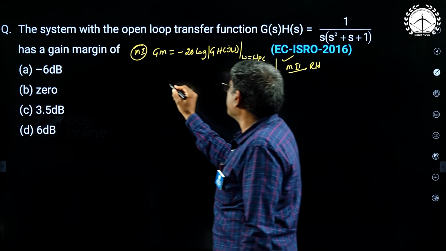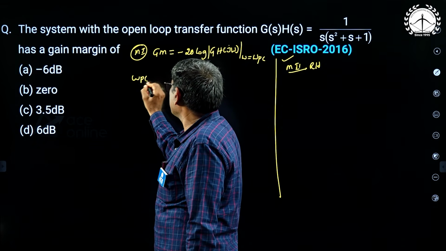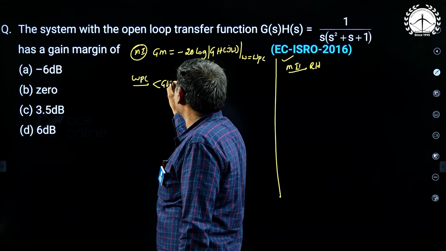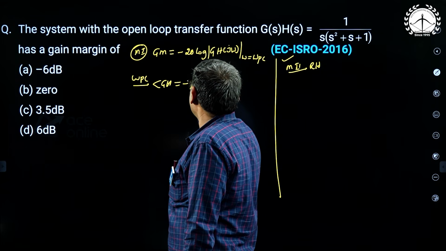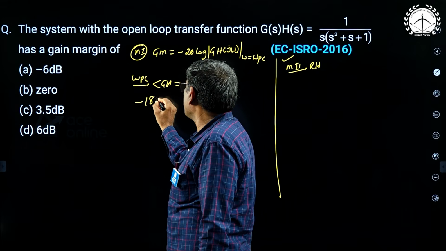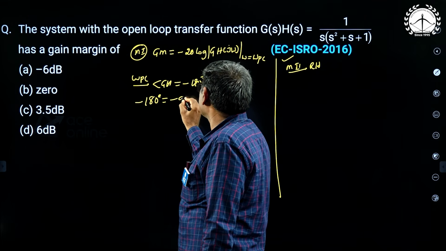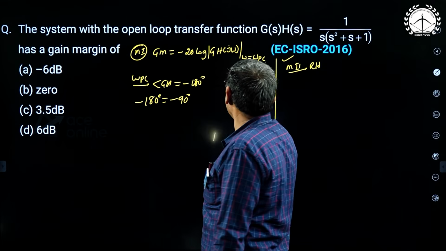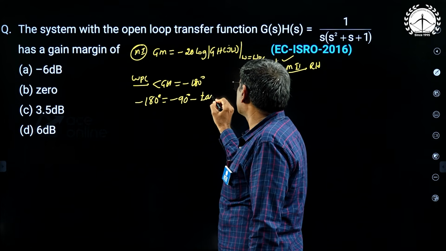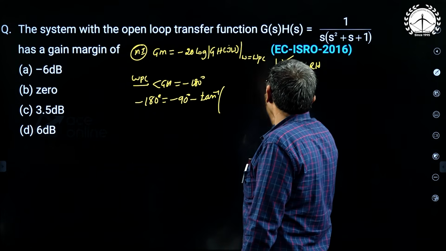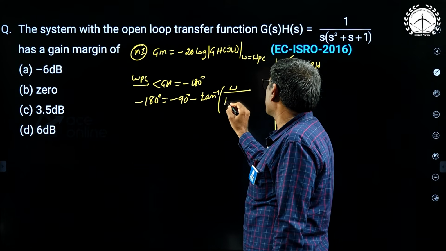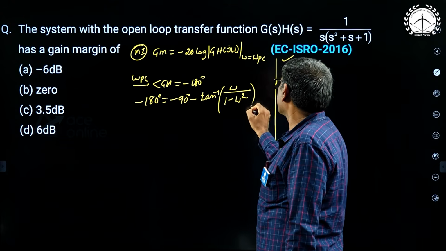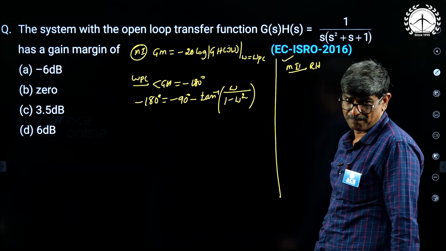Here you have to find omega PC. How to find omega PC? Angle GH equal to minus 180. How to use it: minus 180 equal to minus 90 minus tan inverse of imaginary part by real part. What is the imaginary part? Omega divided by 1 minus omega square. Yes, replace s by j omega and check it.